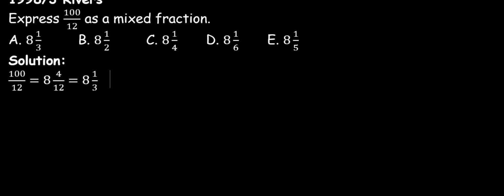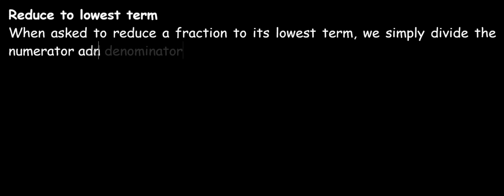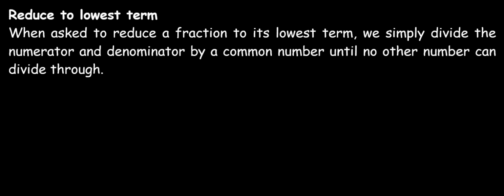Another terminology used in fractions: reduce to lowest term. When asked to reduce a fraction to its lowest term, we simply divide the numerator and denominator by a common number until no other number can divide through. Let's have some examples. Reduce 12/36 to its lowest term. Options are given.